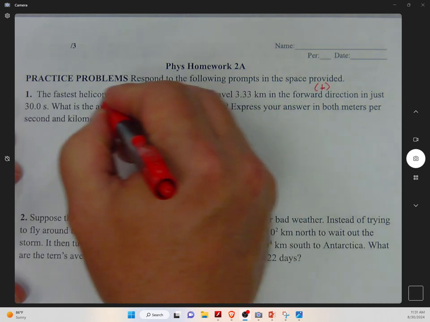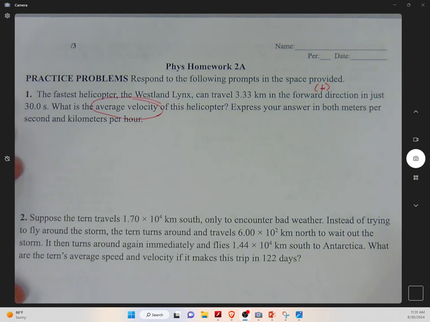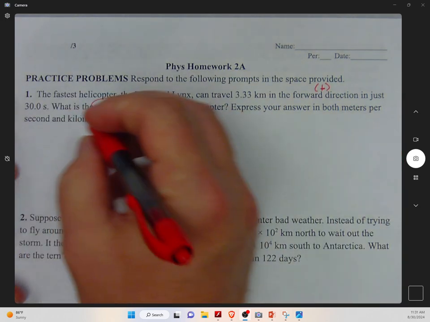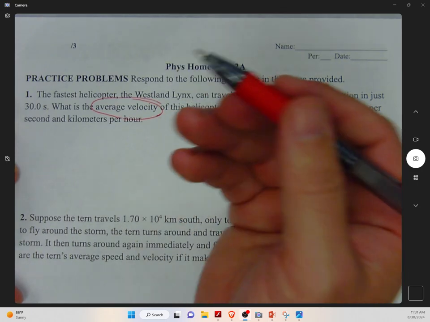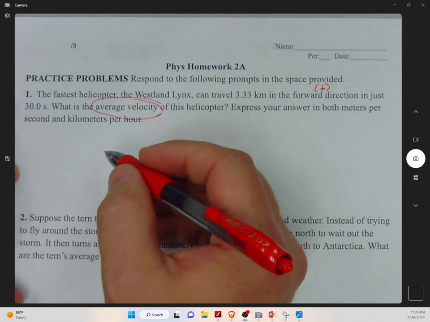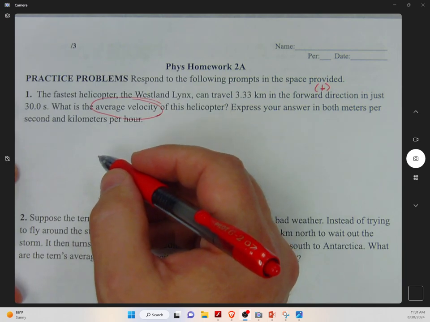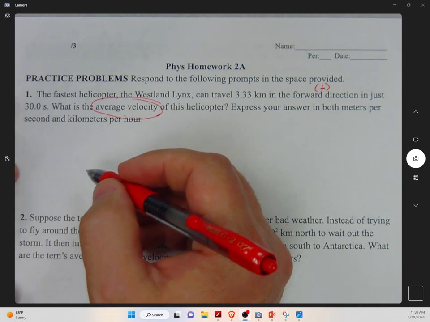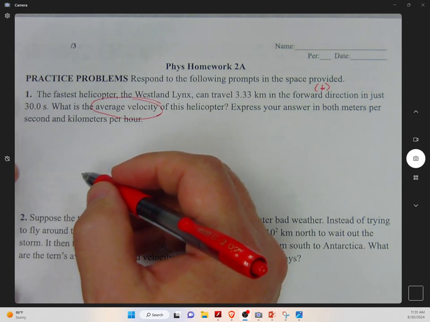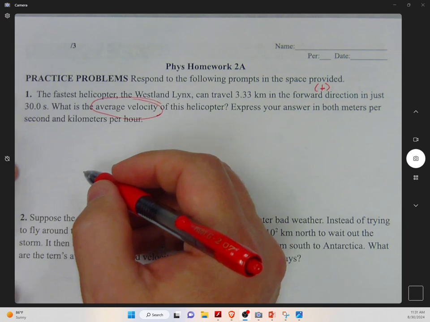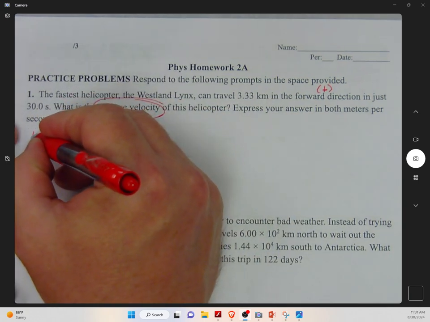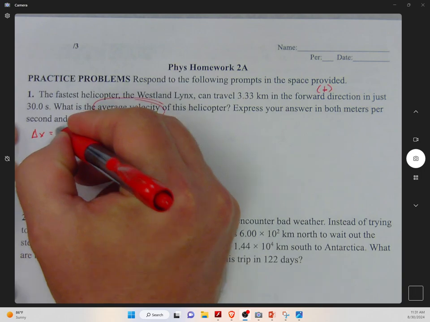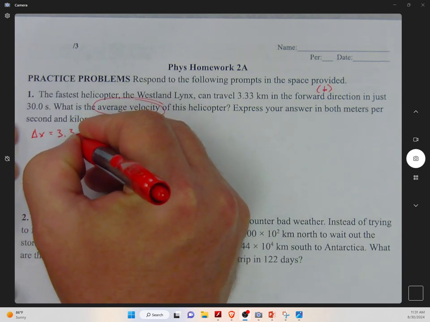Now, we're dealing with average velocity here. First thing I want to do, and with any calculation problem that you do, you want to make sure you do this step, which does take some time, but you will be amazed at how much utility you get out of writing down what is being given from the prompt.